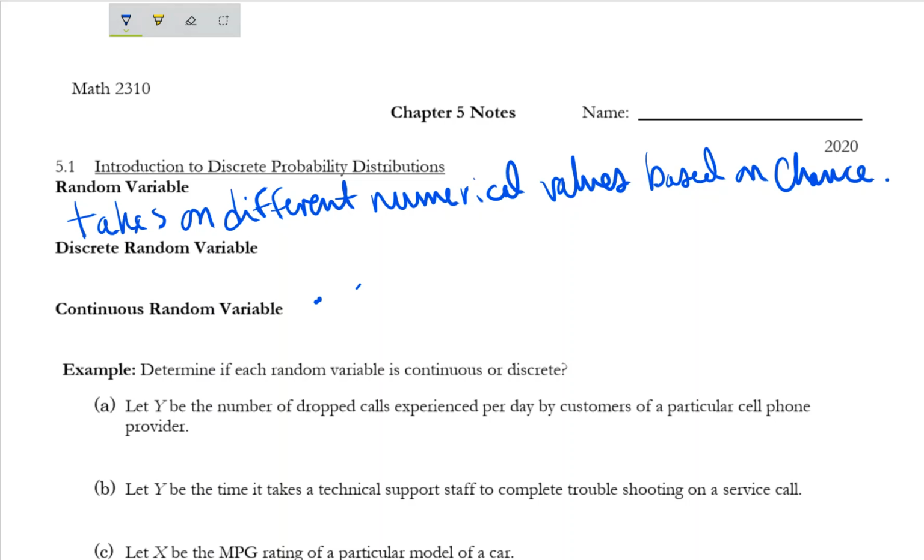We're going to look at two different types of random variables, discrete and continuous. Discrete are the ones that can only assume a finite number of values or an infinite sequence.